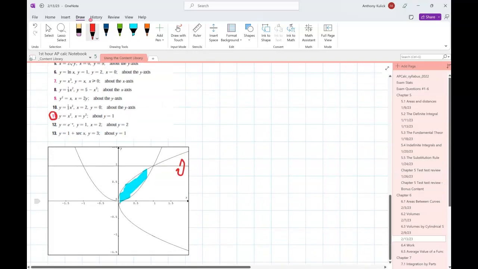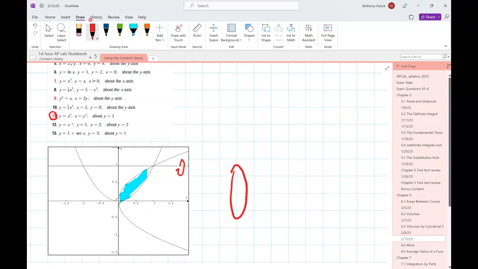So 11, there's our region, rotating about the line y equals 1. When we do that, what is this thing going to look like? Yeah, it's going to look something like that. Okay, should we be integrating with respect to x or y?